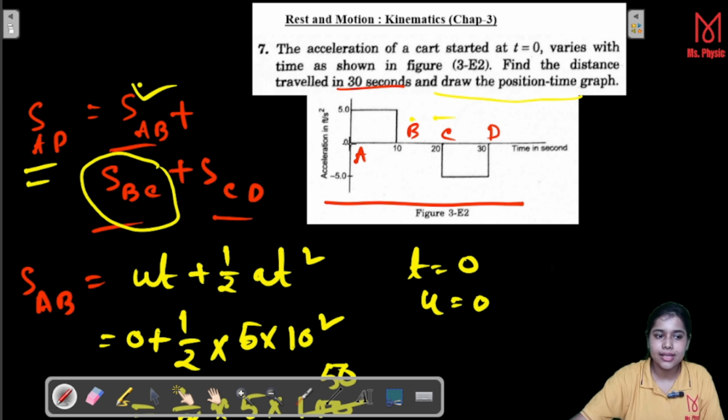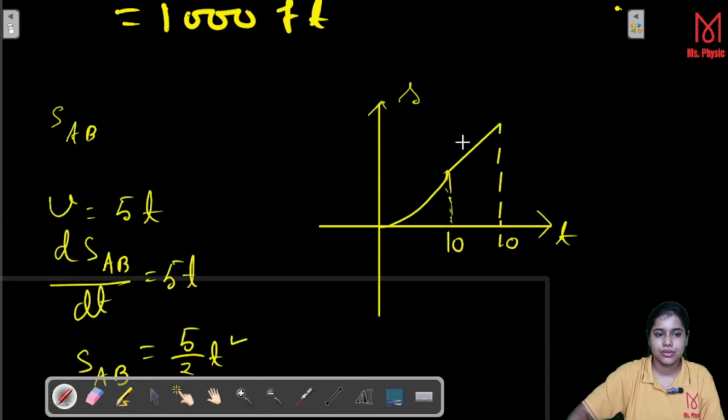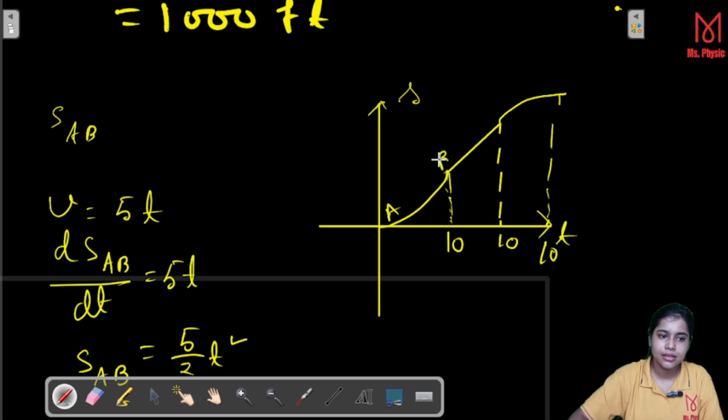Here for AB the parabola is upward, and for CD it would be downward, up to 10 seconds. So this is for AB, this is for BC and this is for CD. This is the displacement time graph. I hope it is clear to everyone.